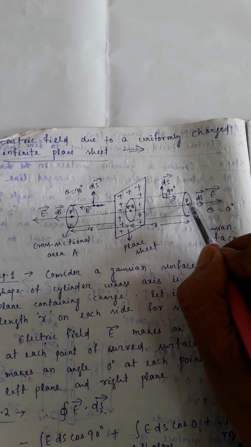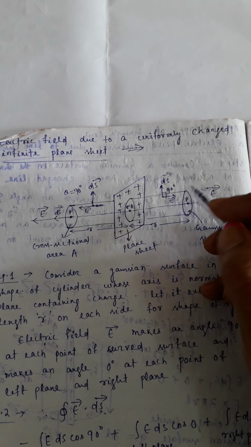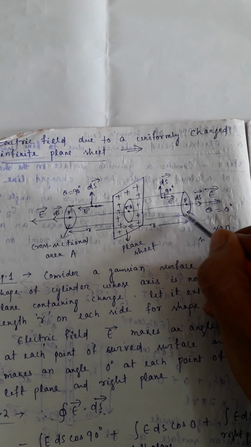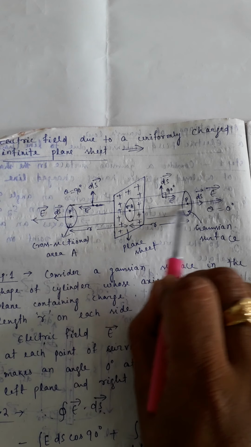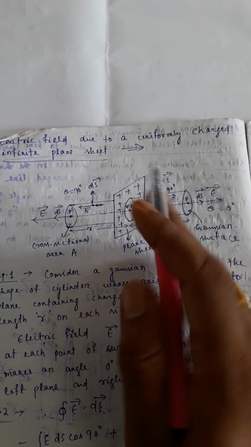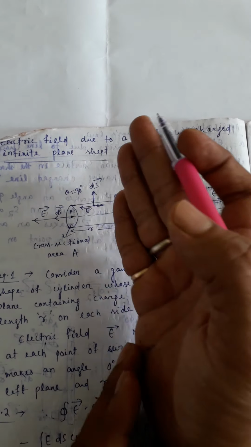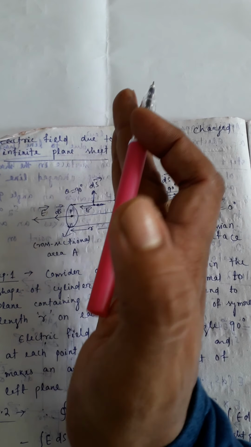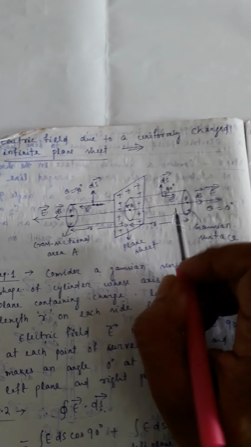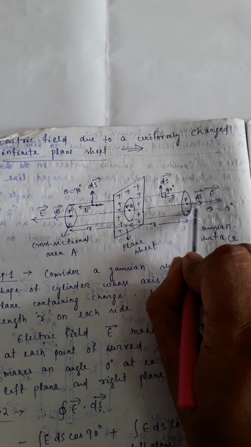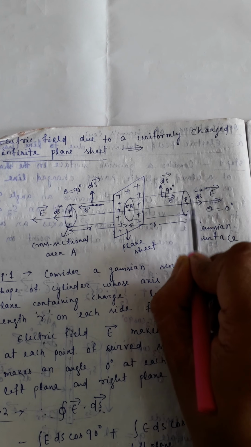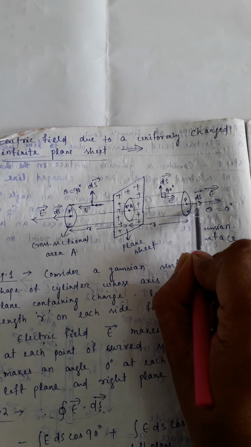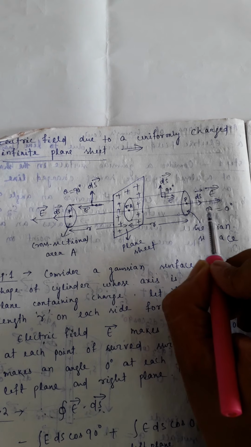Suppose this is the right plane. In the right plane, the electric field is always in this direction from left to right, and on the opposite side from right to left. So the electric field is outward, and for the right plane the area vector is also in the same direction. So theta is equal to 0.